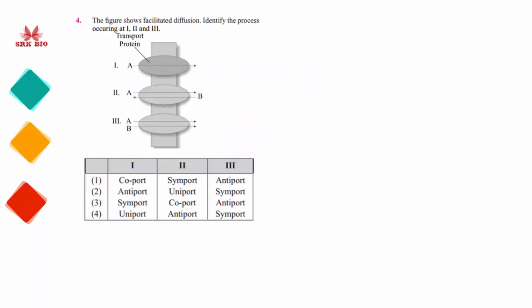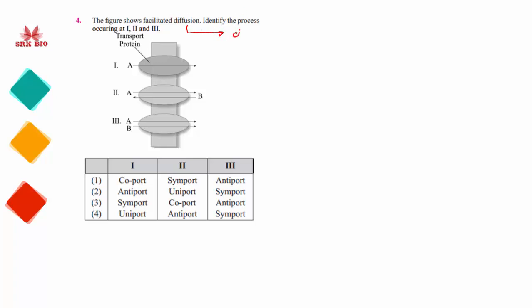So moving to the next one. In the figure shown, facilitated diffusion. What is that facilitated diffusion? If diffusion is occurring through the specific membrane proteins, it is called facilitated diffusion.